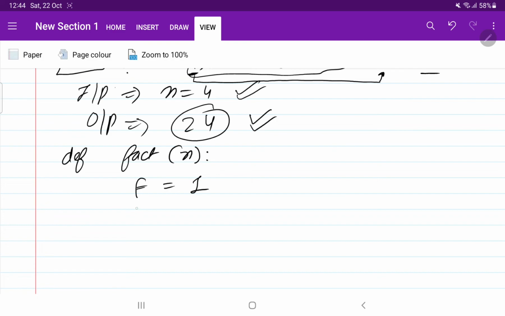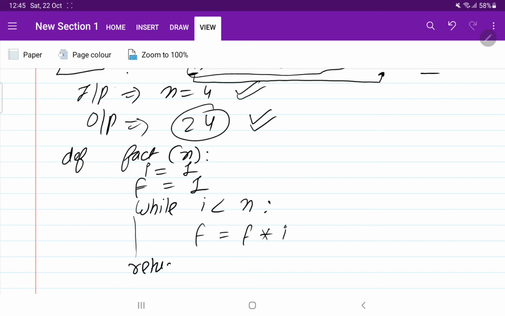Now, while, and we start from a variable i that is also equal to 1. While i is less than n, we multiply f is equal to f into i. And at the end, we return f.